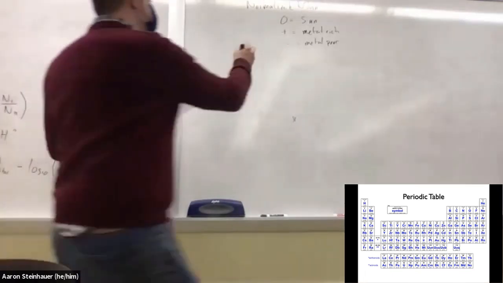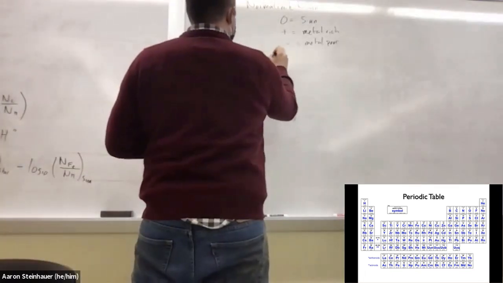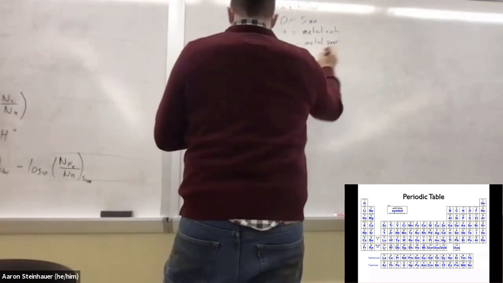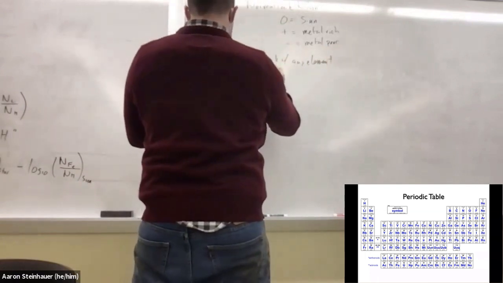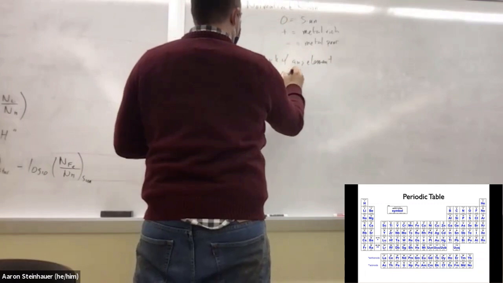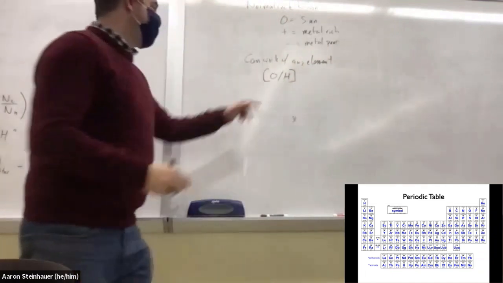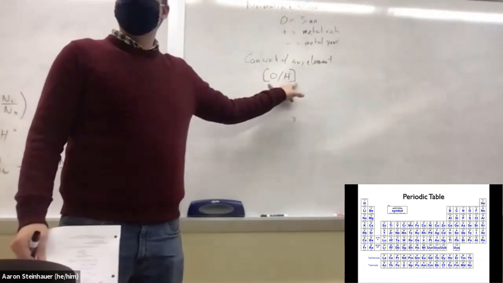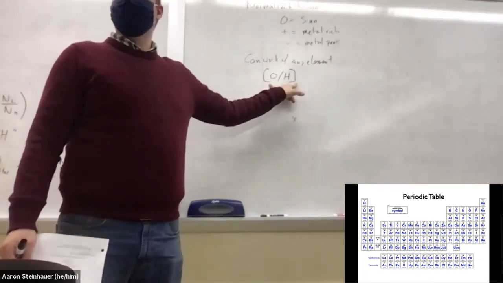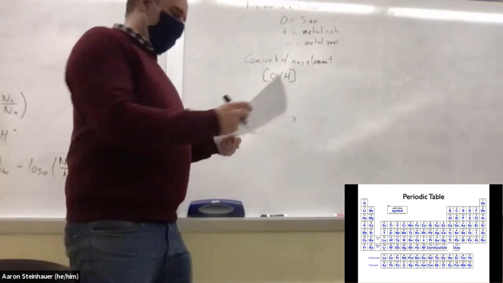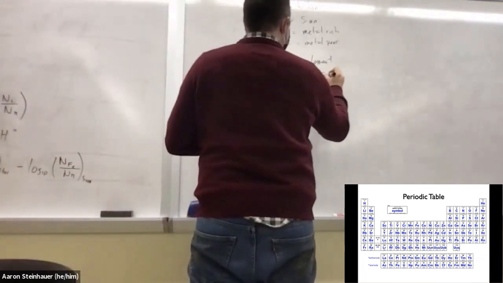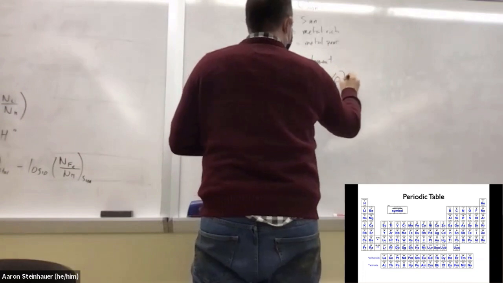Okay, and this can work with any element. So if you want to know [O/H], this is the amount of oxygen in a star relative to hydrogen normalized to the sun. That's sort of what these square brackets mean. It's normalized to the sun. It doesn't even have to be iron, hydrogen, really. I've seen Fe over O, for instance.